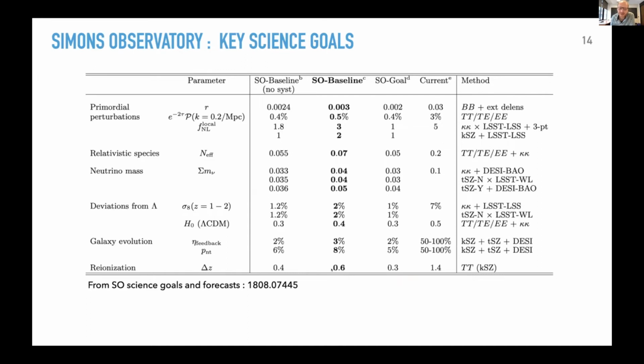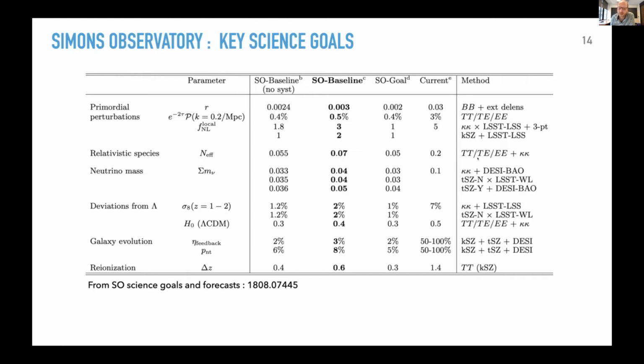Well, I'm again skipping ahead. Here, one other thing for people who are interested. These are the science goals of Simons Observatory. I don't think we'll go over this too much. The one interesting takeaway from this is that many of these science goals don't just rely on the traditional power spectra, so the TT, EE, and BB power spectra, but they instead rely on the lensing power spectrum or the kinetic or thermal Sunyaev-Zeldovich effect.